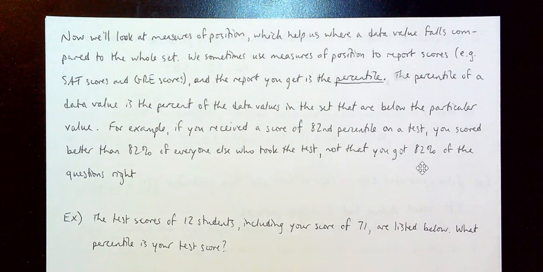It can also work in the opposite way. Everybody could have been given a really, really simple test, but say you had a couple small miscalculations, and say you got 92% of the questions right, or 92% of the points, but because of those few small miscalculations, it's possible that you could have a percentile score of, say, 55, because you only scored better than 55% of the people who had taken that test.